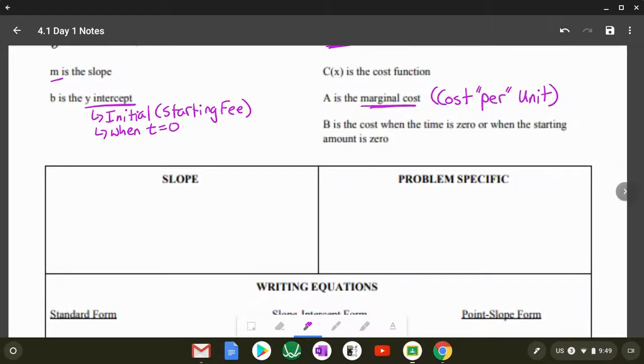Slope, another word, and this is going to be really important as we move forward through this semester. Slope can also be known as the rate of change. Okay. We're going to find out later that a rate of change doesn't have to be linear.